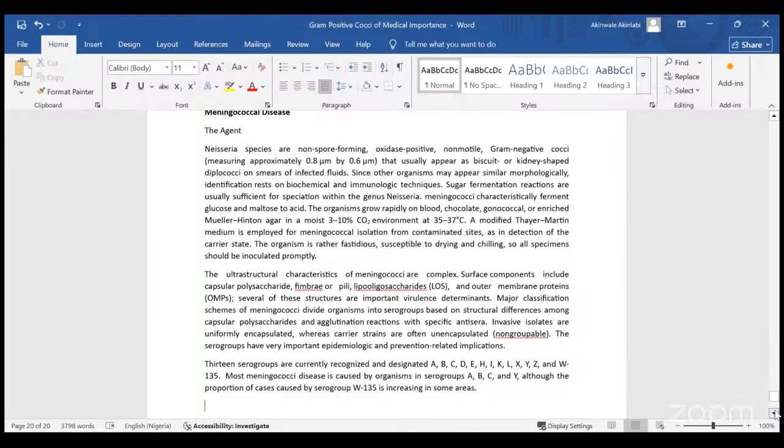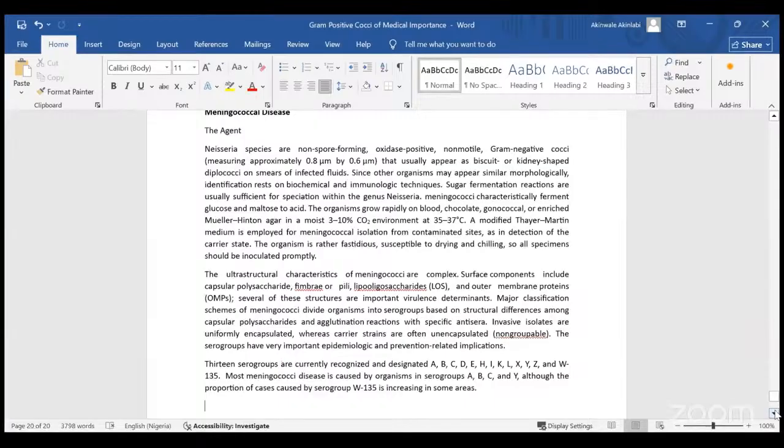So don't play with all these serotypes. Know them specifically, because I can test your knowledge on whether you know the 13 serogroups. If you did not read the book, you will miss them out because you will not know the sequence at which they follow one another.